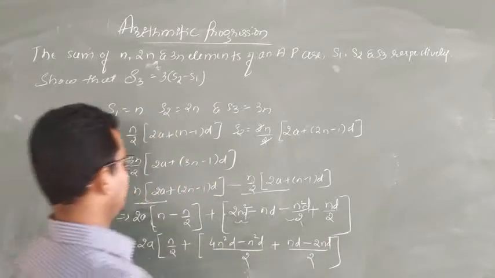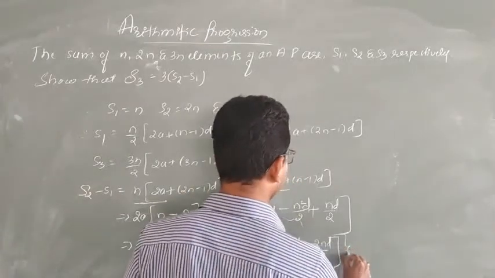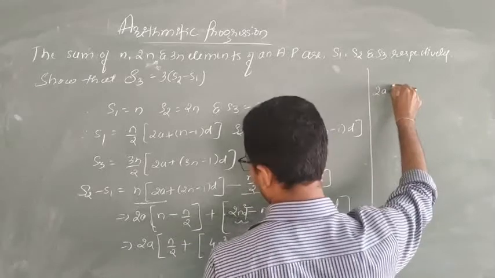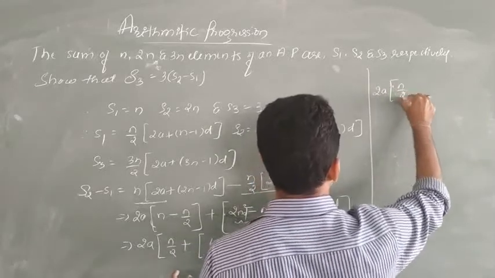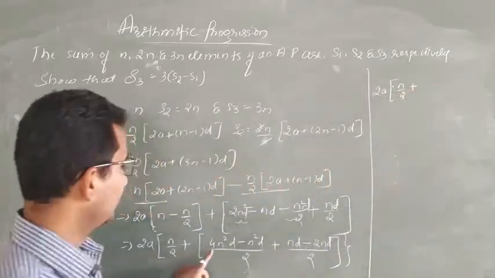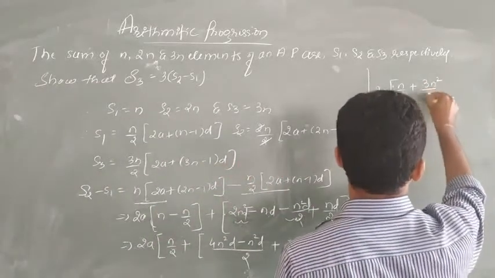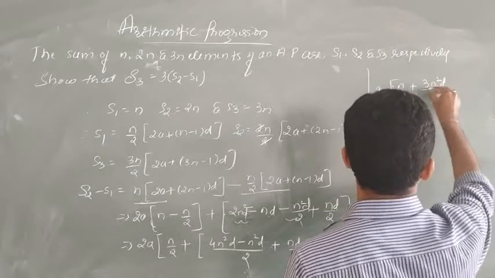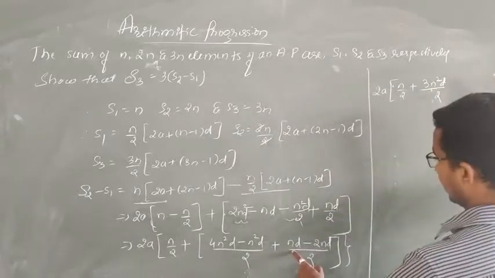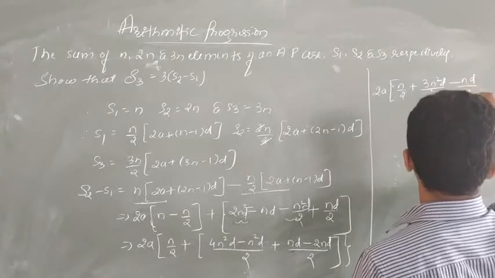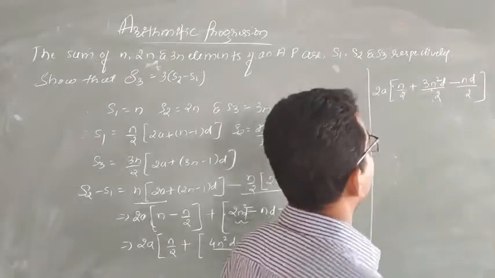So the next one we have is 2a inside the bracket, n by 2, plus 3n square d divided by 2, minus nd divided by 2.